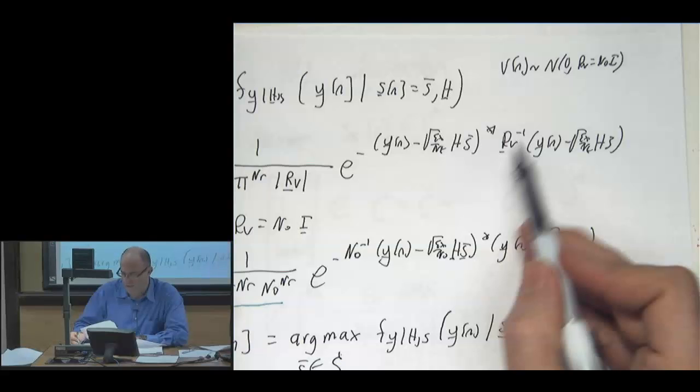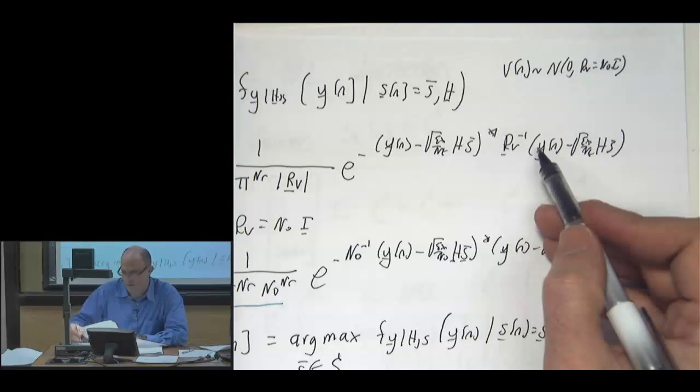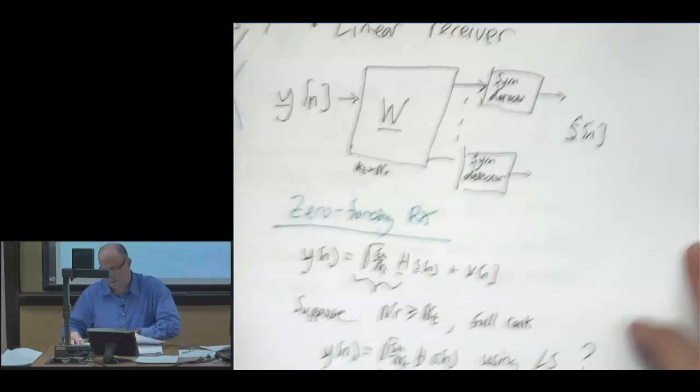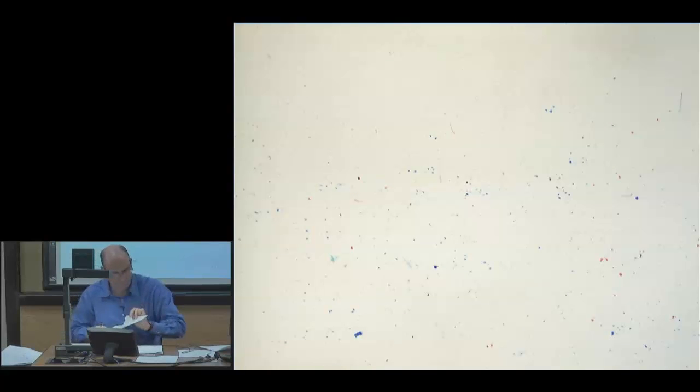It's just like factoring an inverse out and sticking it in there. So the real thing is the independent detection. So other questions?